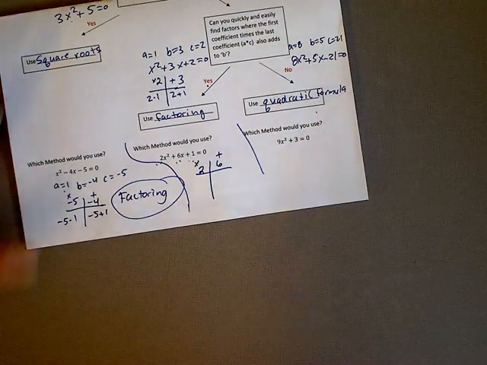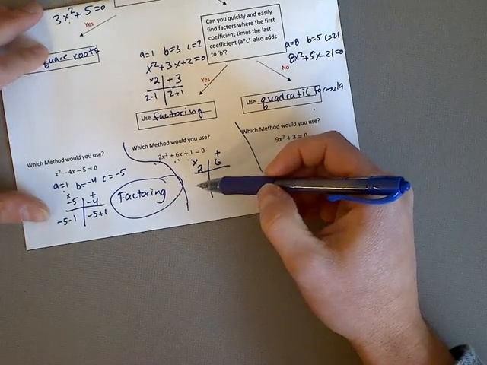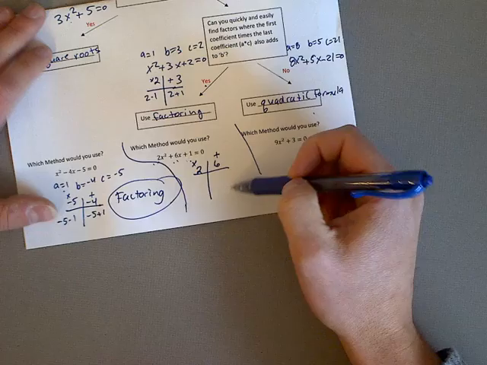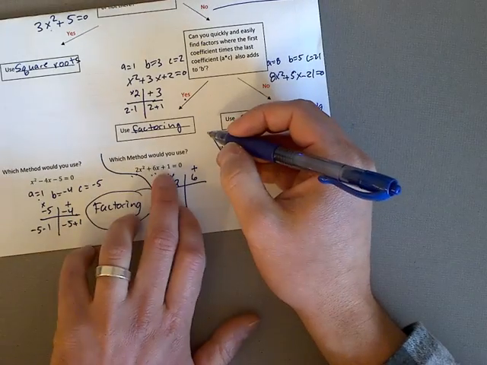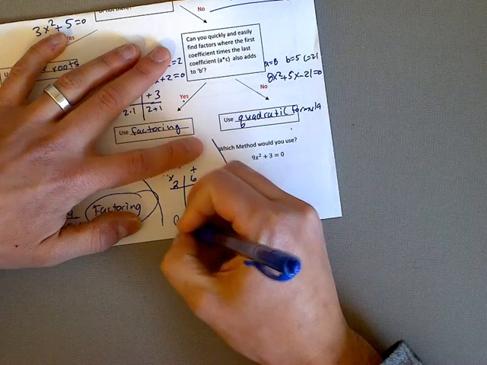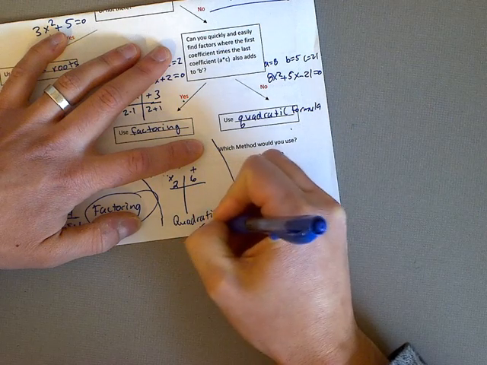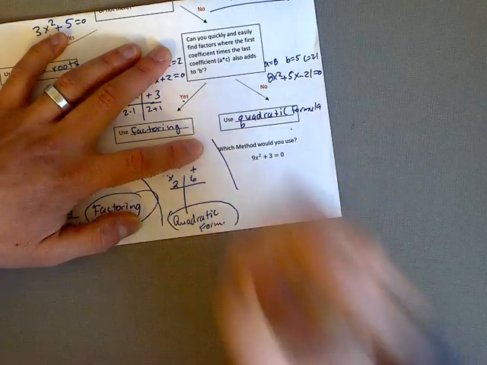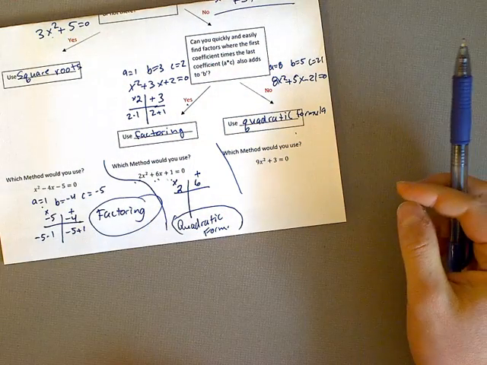And here, this is impossible to do. 2 times 1 are the only factors, or negative 2 times negative 1, but either way I won't be able to add to 6. And since there's a middle term there, this one, the quadratic formula, would be the only way to successfully solve it.